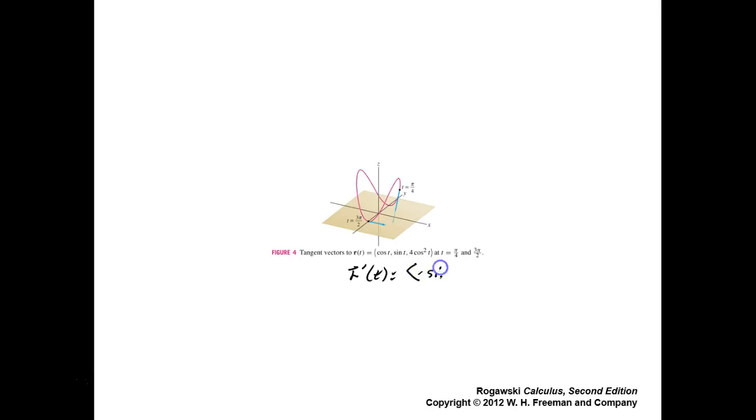Negative sine t, cosine t, 8 cosine t, chain rule, and then a minus sine t out front.